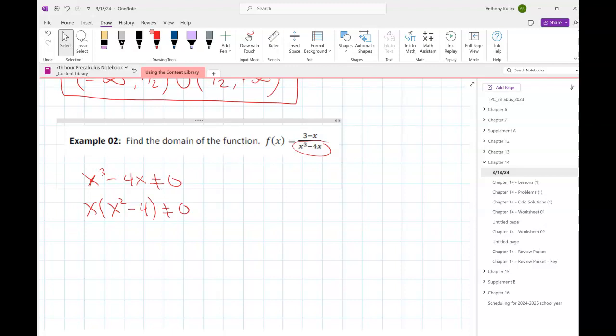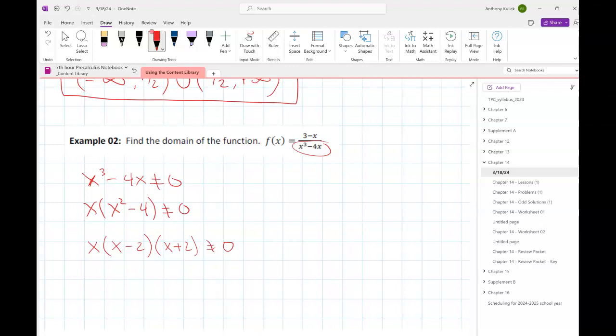What can I do to that? Factor. Yeah, how does it factor? X minus 2, x plus 2. That's great. Teamwork made the dream work there, right?